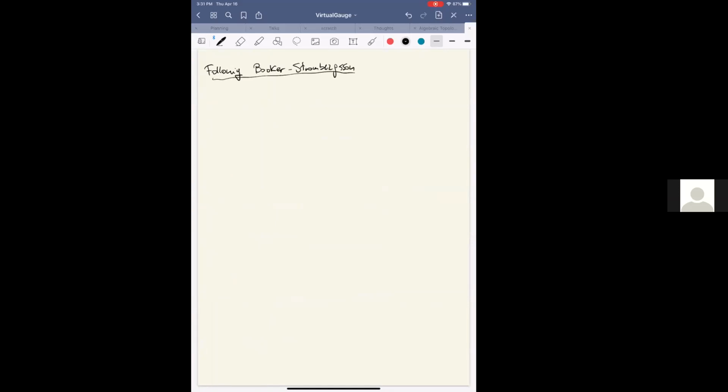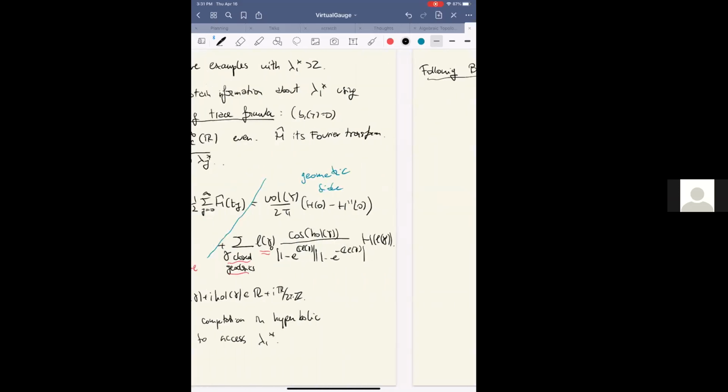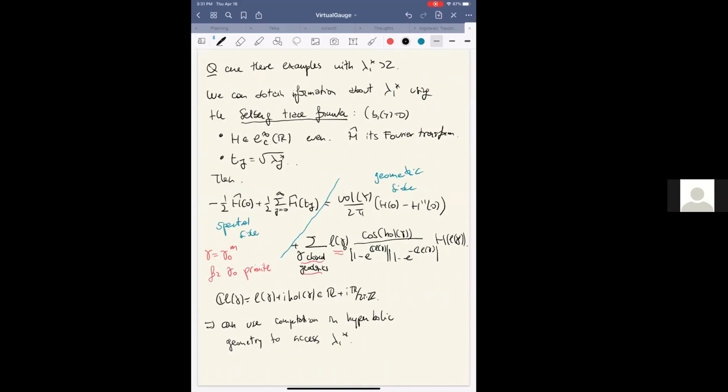So they applied the same technique in some kind of two-dimensional setting when studying congruence covers of the modular surface. But yeah, so you can use computations on the right side.